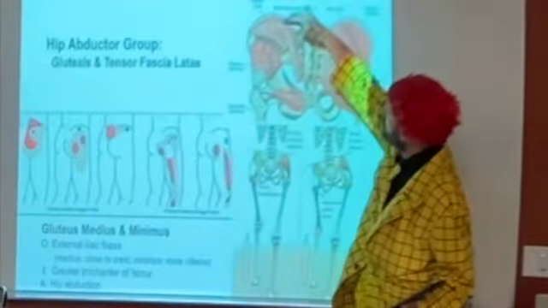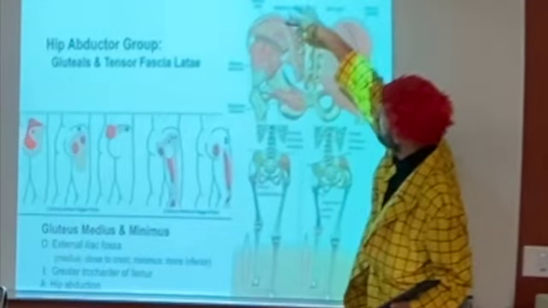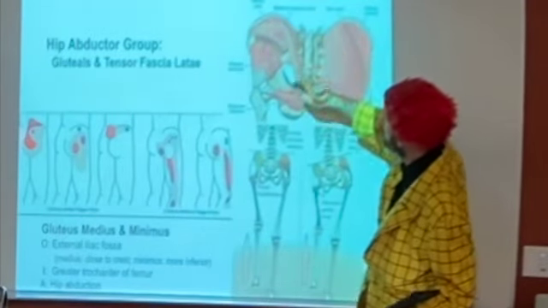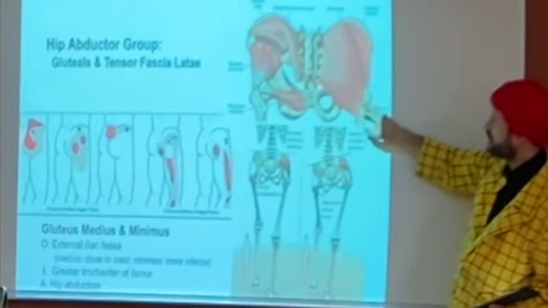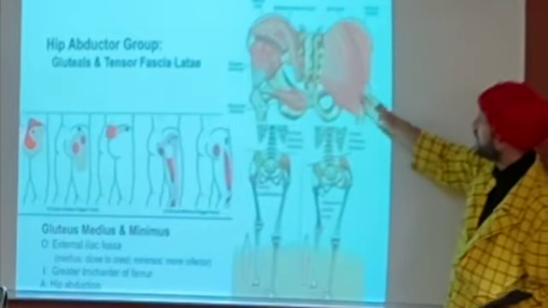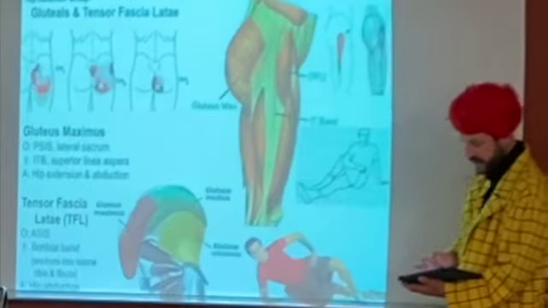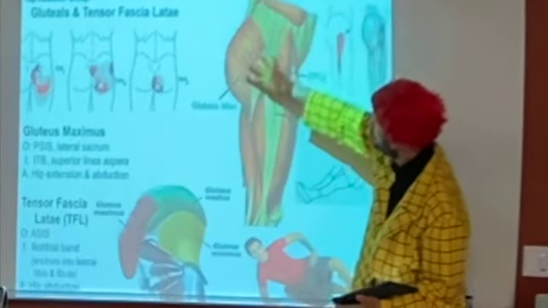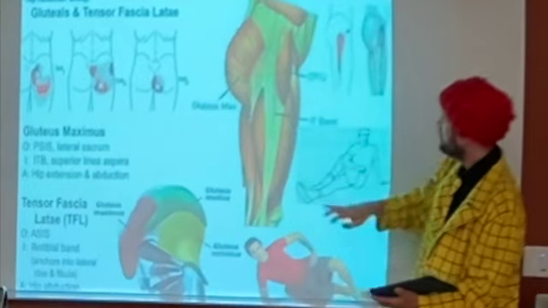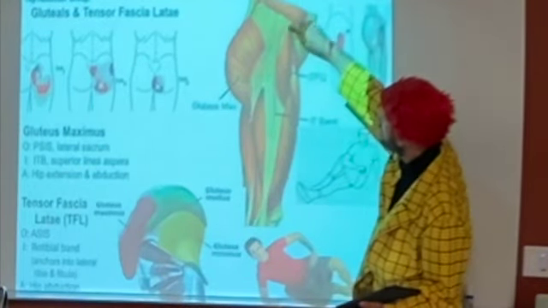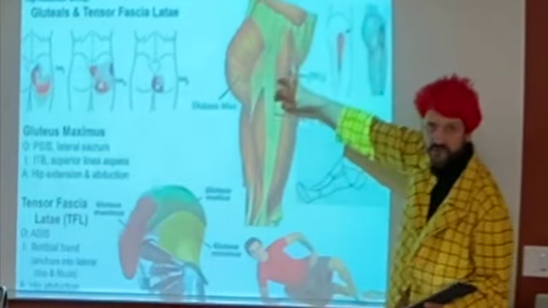As you can see, the glute max is a little bit up, and then the PSIS, and then the sacrum, and then it feeds a little bit into this part of the bone on the outside, but then it goes into the IT band that we can see here as it feeds in from the back. And then the TFL in the front, we see attached here and goes down, the tensor fasciae lata.